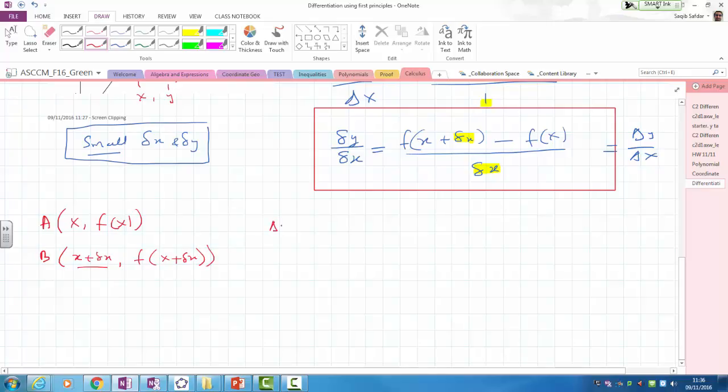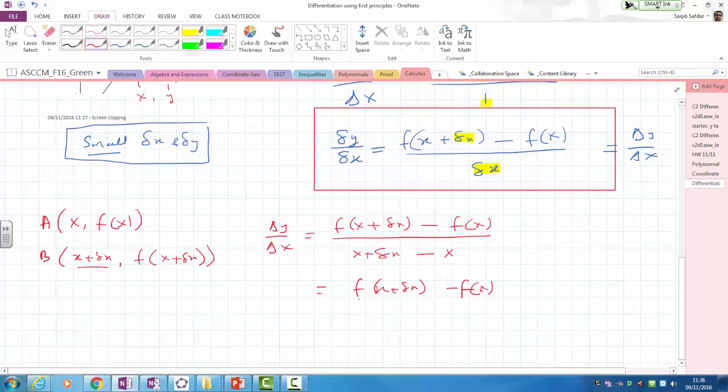And therefore, my change in y over change in x will be f of x plus delta x, take away f of x. That's y2 take away y1, divided by x2 take away x1. So it's going to be x2 take away x1. And that gives you f of x plus delta x, take away f of x, divided by delta x.